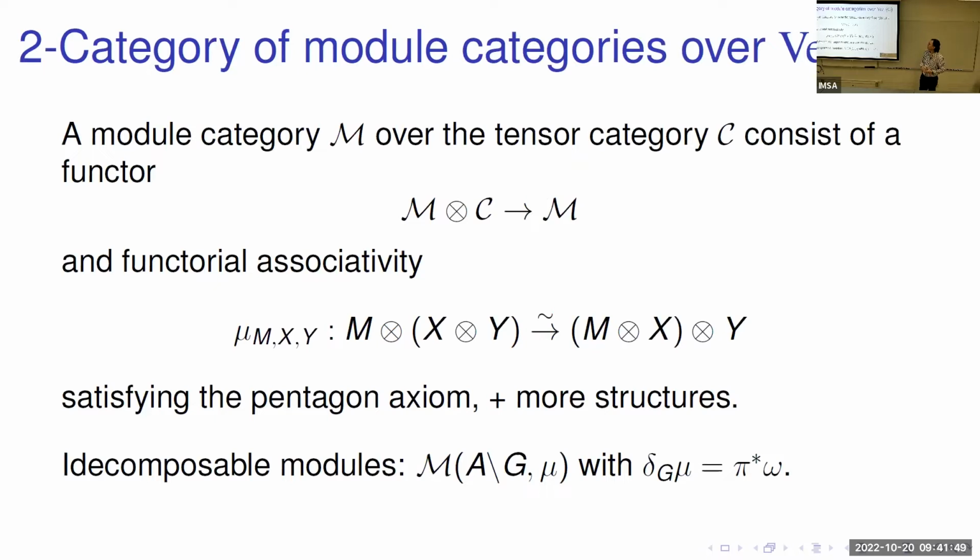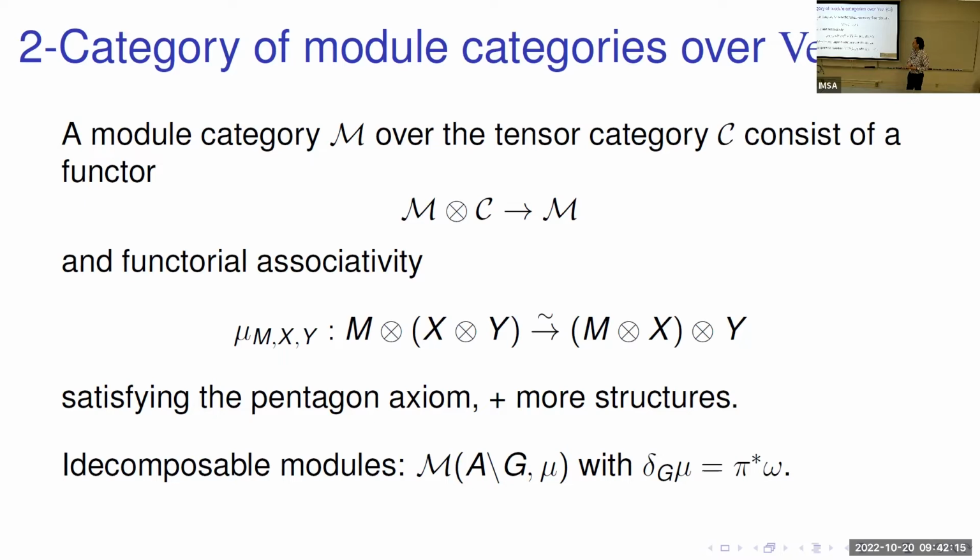And the point is that with this type of module categories, you think of this as a generalization of an algebra. Of course, this has modules, and you just take the idea of what a module over an algebra is and bring it to fusion categories. It's a category, you have a tensor product, and you need to control the associator with the pentagon axiom, and all the higher structures that are necessary.